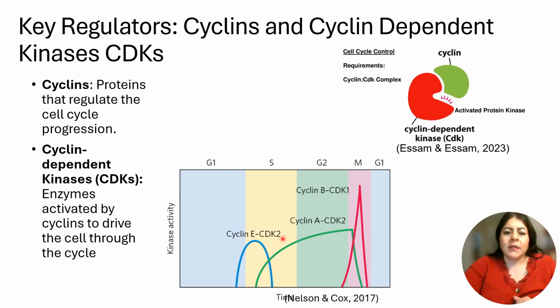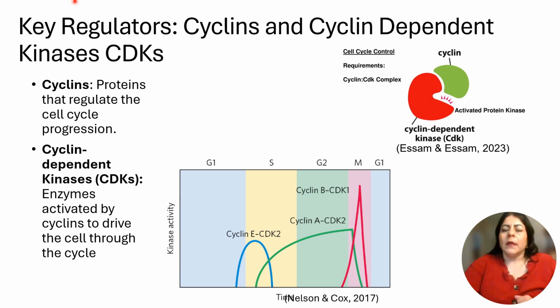And for the next phase, from S phase all the way through G2 phase, up until about 20% of the mitosis phase, we have cyclin A bound to CDK2 complex that is visible. And then cyclin B bound to CDK1 is present only during the mitosis phase.